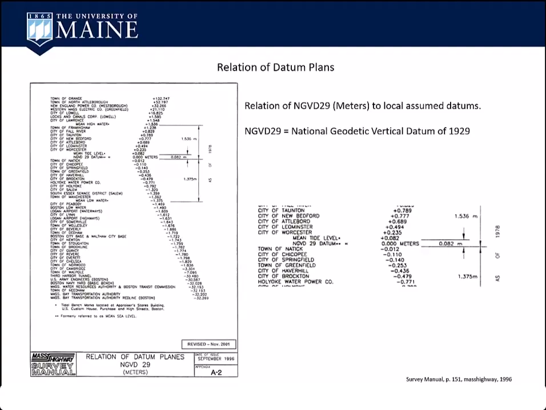So Mass Highway publishes this guide of relation of datum planes. It's in meters, of course. And you can see that there's all of these datums out there because towns started laying out sewers. I worked for a company that was established in 1868, 69 or something.